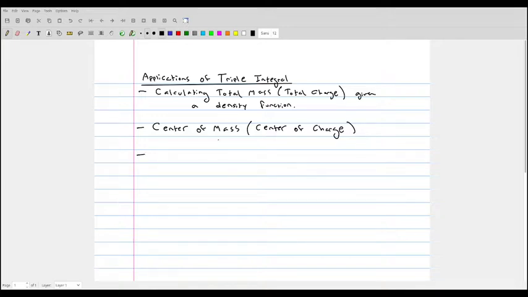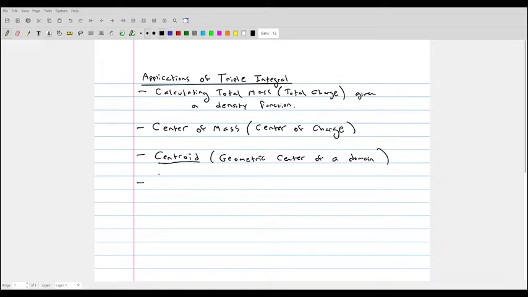We can also get, using the center of mass idea, very similar to before, the centroid of any shape in 3D, which we'll recall the centroid is the geometric center of an object or a domain in 3D.